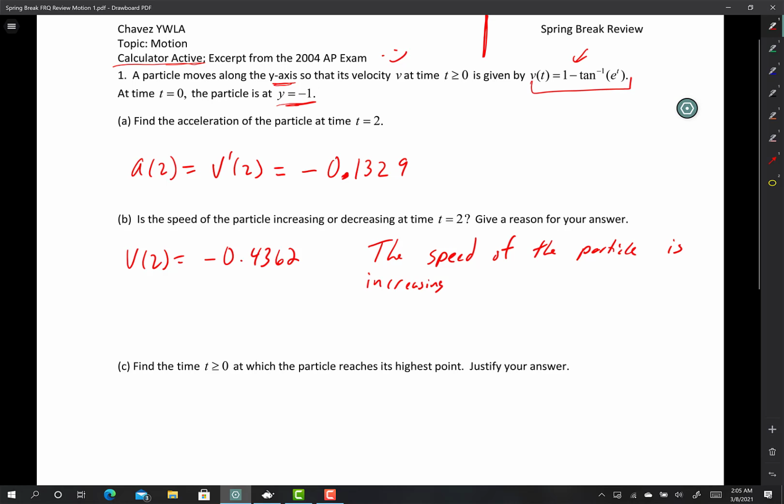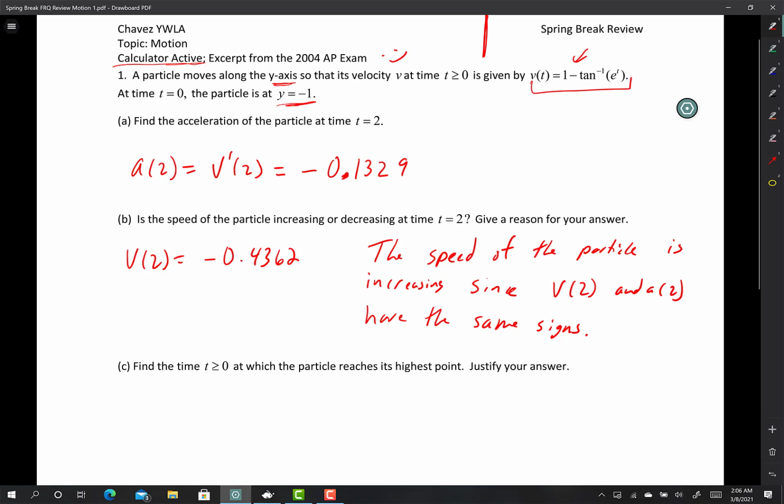Yeah, the speed of the particle is increasing since velocity at 2 and acceleration at 2 have the same signs. And there it is, guys.